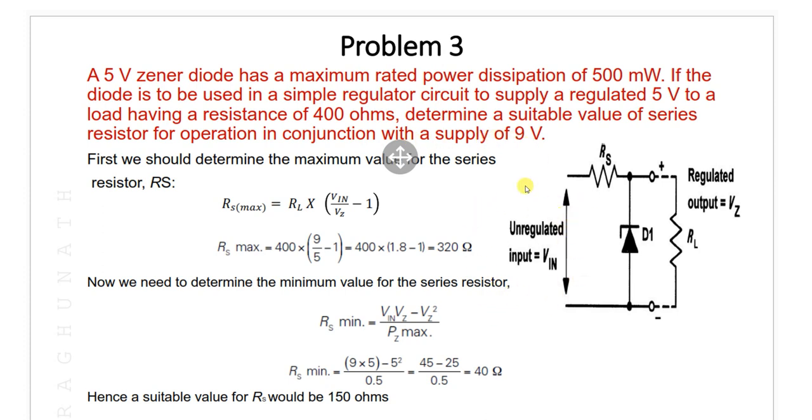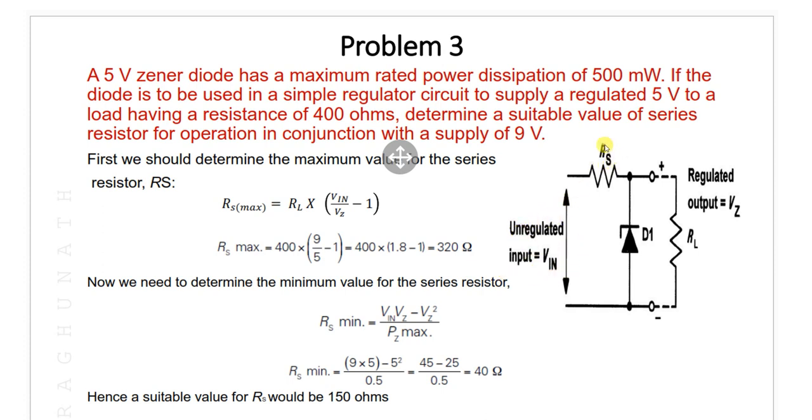The purpose of the regulator is, if the supply voltage varies, the Zener diode should provide a constant regulated voltage. That value depends on the Zener breakdown voltage. Since we want a regulated voltage of 5 volts, you have to select a Zener diode whose breakdown voltage is 5 volts, and the input should be greater than this breakdown voltage. So the input is given as 9 volts.